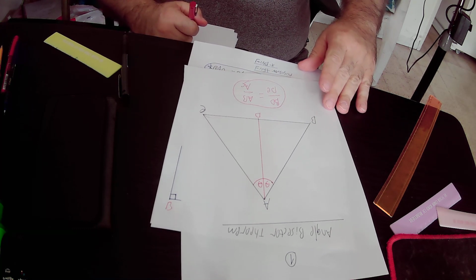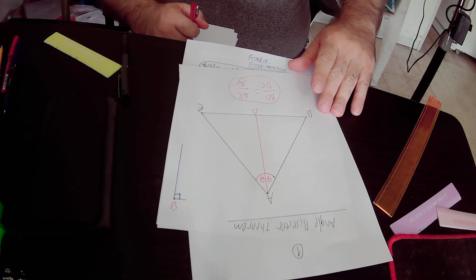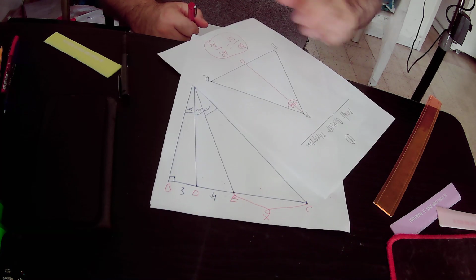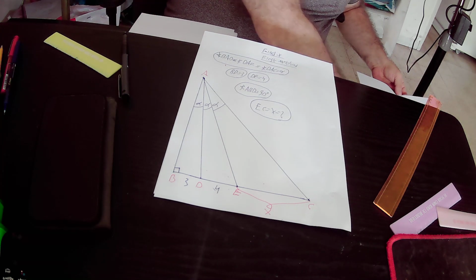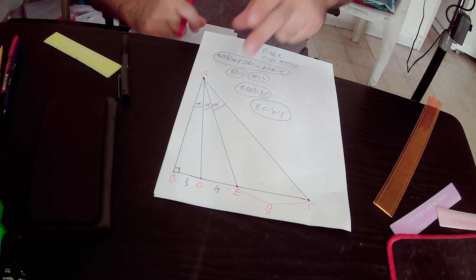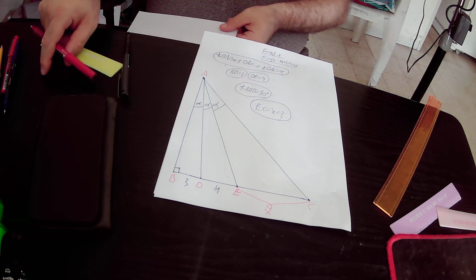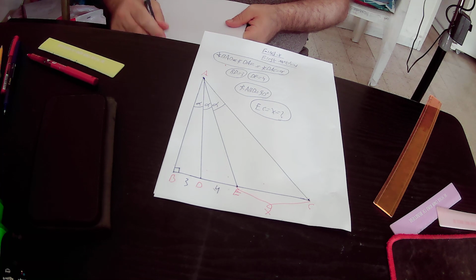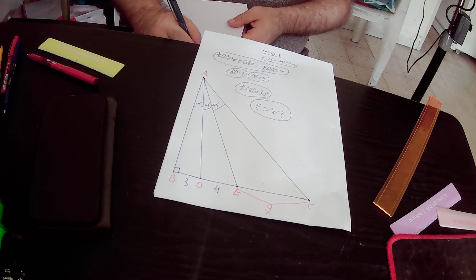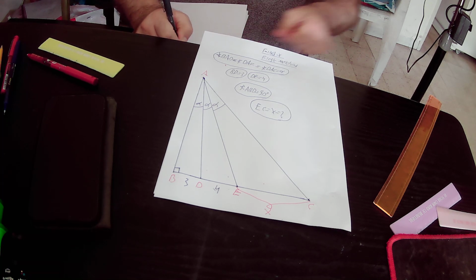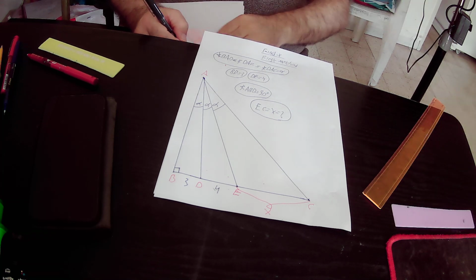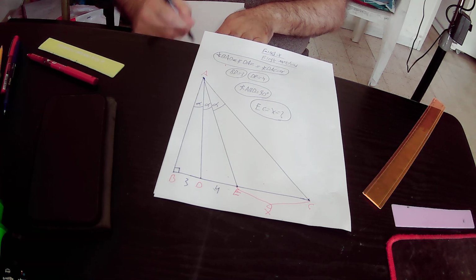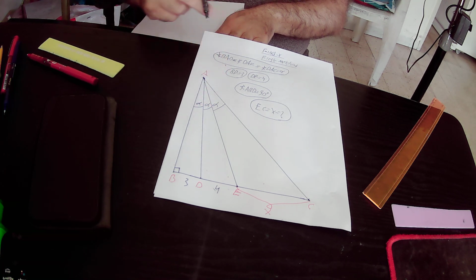So we actually can implement the angle bisector theorem in our drawing. We focus on the right triangle, triangle ABE. Actually, AD is angle bisector in the right triangle, triangle ABE.